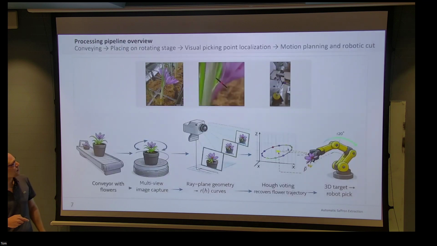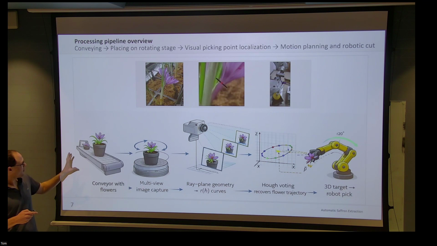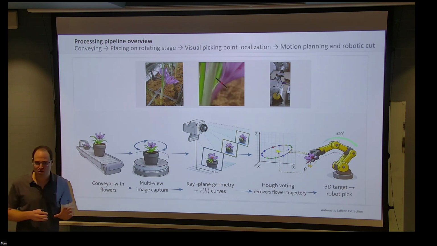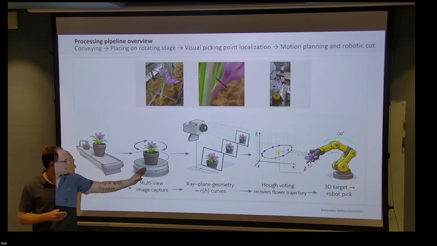Okay, here is the pipeline. The flower should be grown indoors, not outside. In Israel we don't have a lot of land, and we want this flower all year, not just one season. The flowers come on a conveyor, and later are put inside the rotating stage.